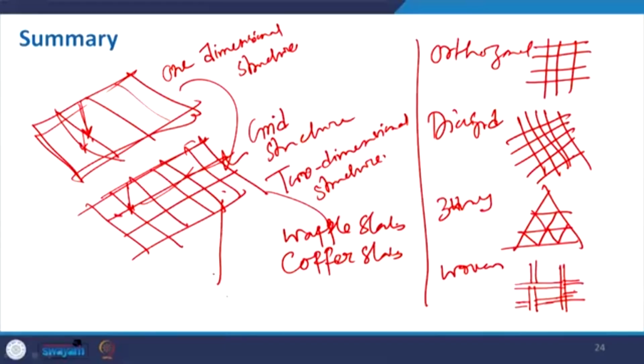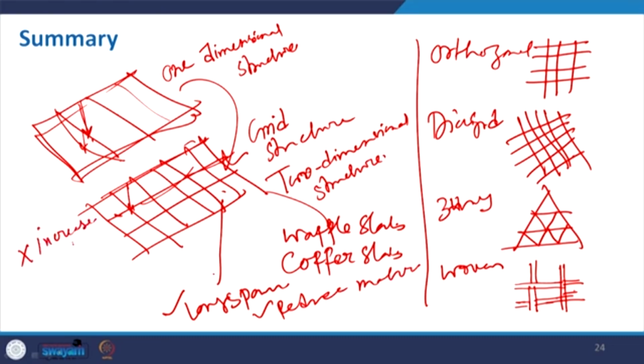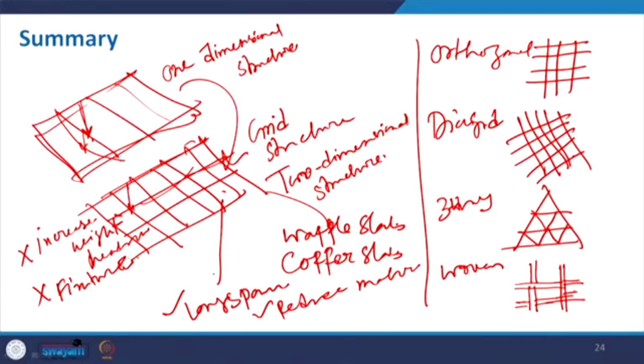And advantages and disadvantages we already discussed: definitely it can hold a long span, and again reduced material, these are the advantages. And disadvantages: the increase in height or maybe headroom, then also the problem with different fixtures like lighting and all, if they are not included in the section itself.